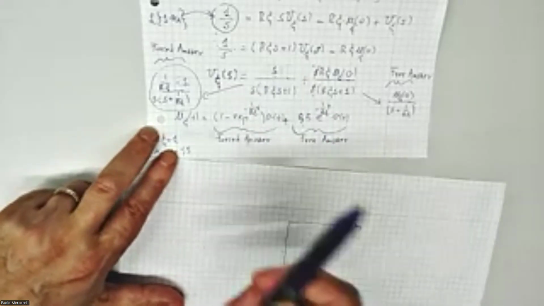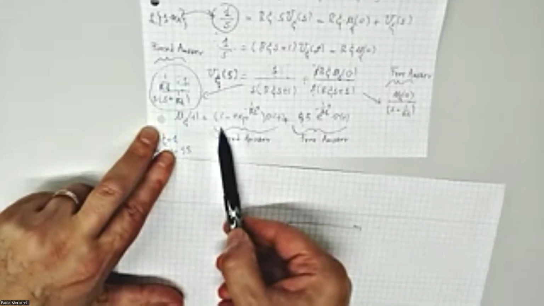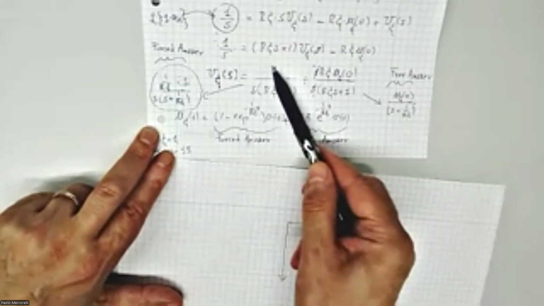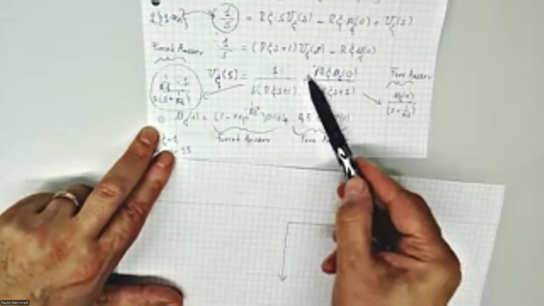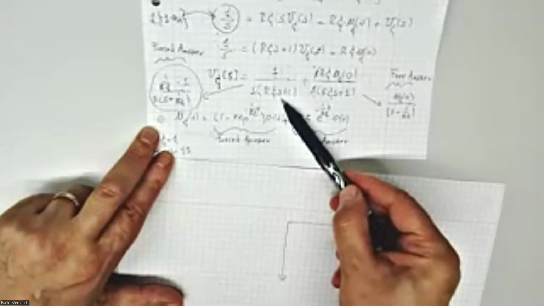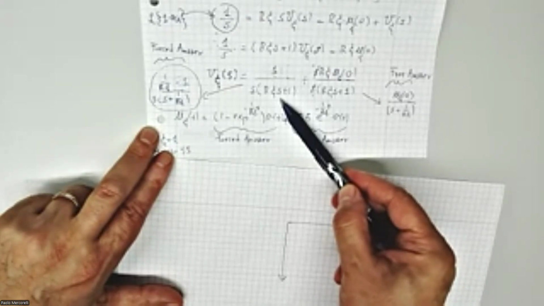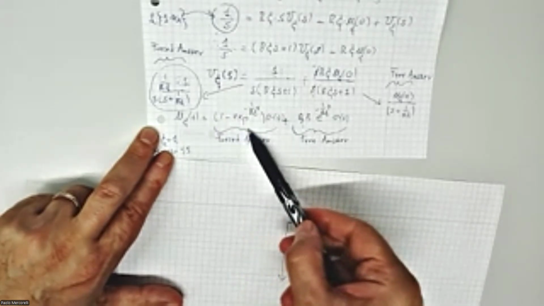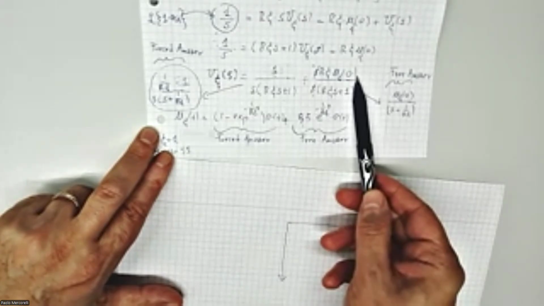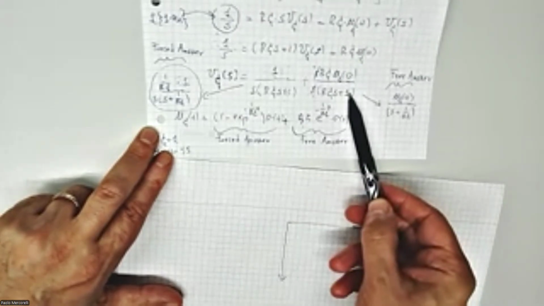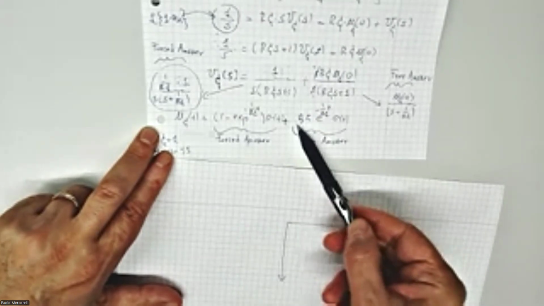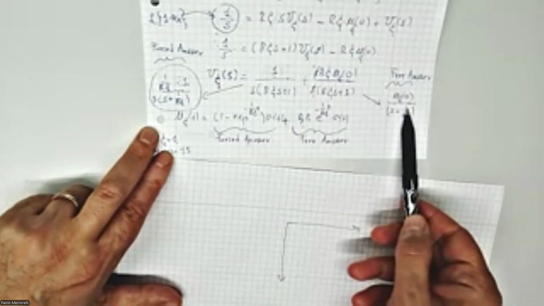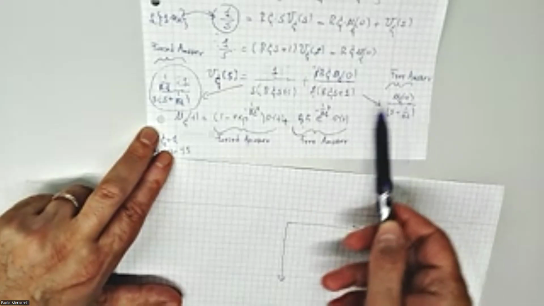We will see later how I can use the back transformation, but it's not so difficult to see that this can be seen as the transform of the signal here, and this here as the Laplace transform of this signal here, in which UC of 0 is 0.5.